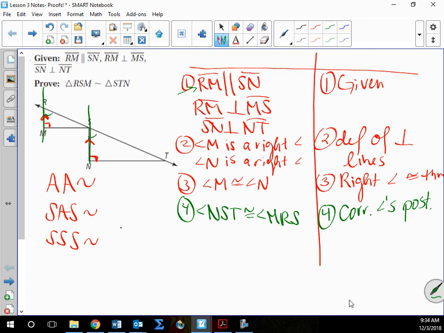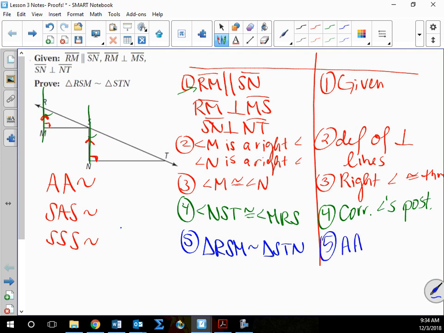Okay, so now we have two sets of angles congruent. Now we can say the figures are similar. Triangle RSN, making sure the letters match up with the proof, is similar to triangle STN. And what's our reasoning for that? Good. Angle-angle similarity postulate.